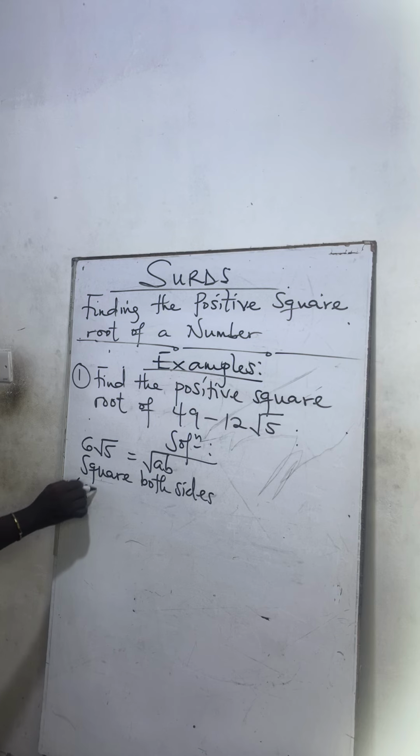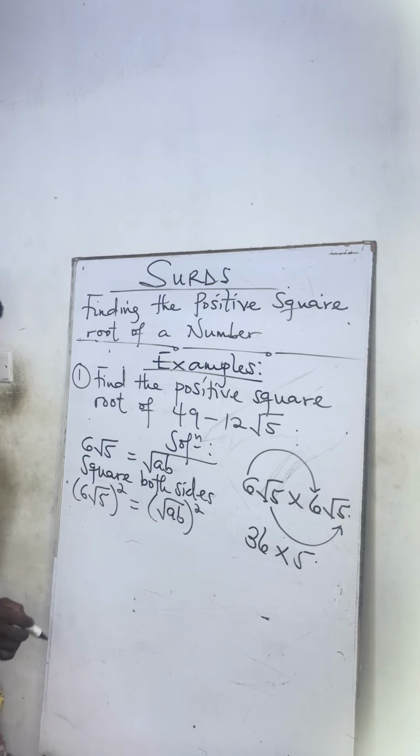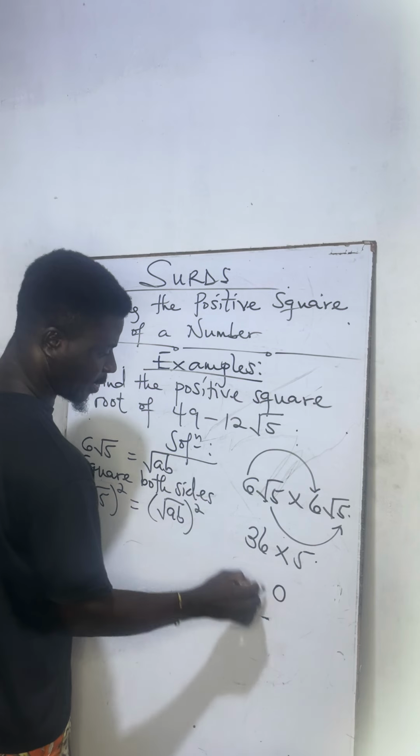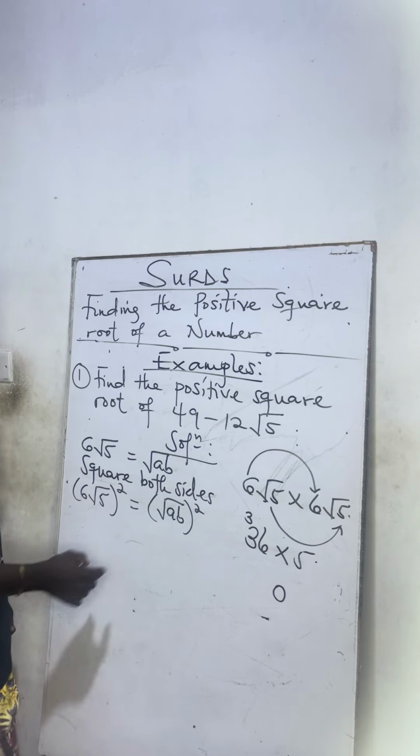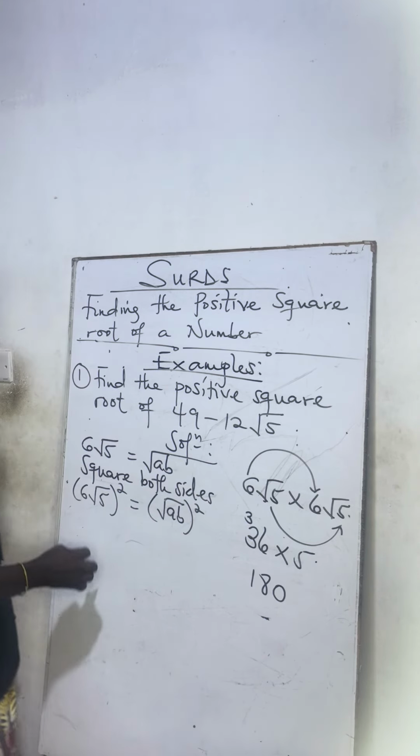So we have 6 square root of 5 all squared equals square root of ab all squared. Now 6 square root of 5 all squared, don't forget, is the same thing as 6 square root of 5 times 6 square root of 5. 6 will multiply 6, then square root of 5 will multiply square root of 5. 6 times 6 you have 36, times square root of 5 times square root of 5 is 5, so that's 180.